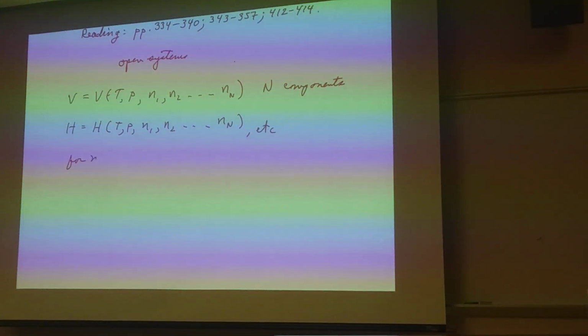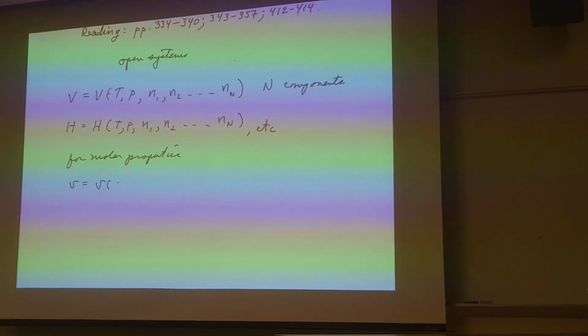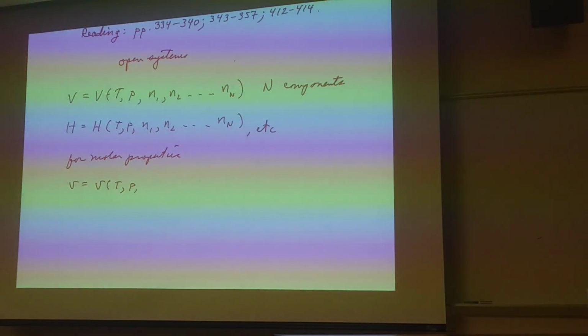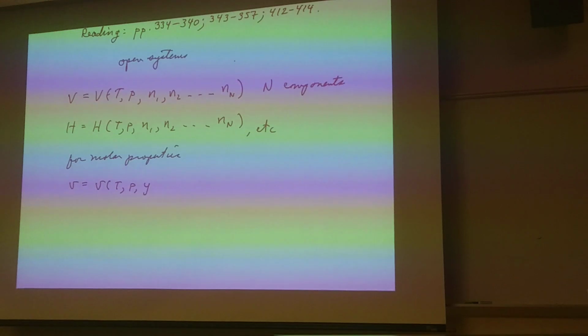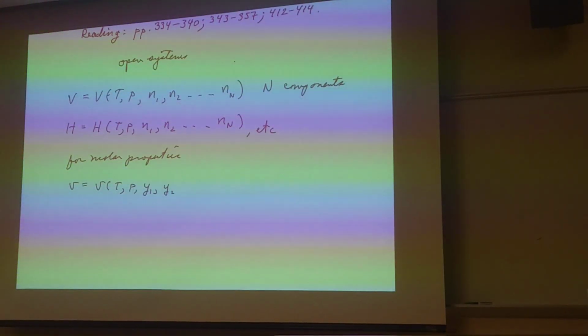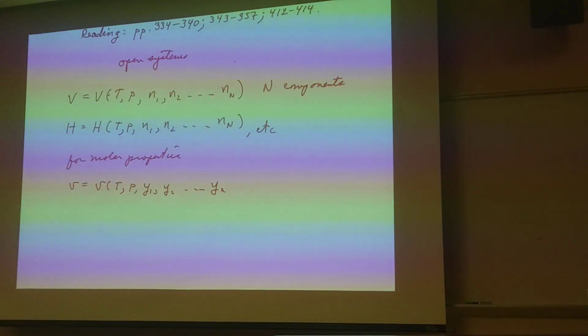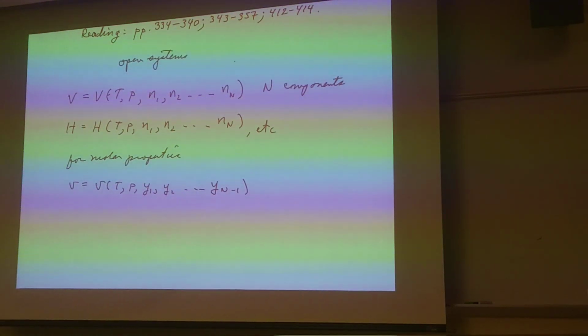For molar properties, I could write things like little b here as a function of T and P, and then the mole fractions. So that would be Y1, Y2, on to Yn minus 1. Because, of course, the mole fractions sum to unity, so I only have N minus 1 of them being independent.